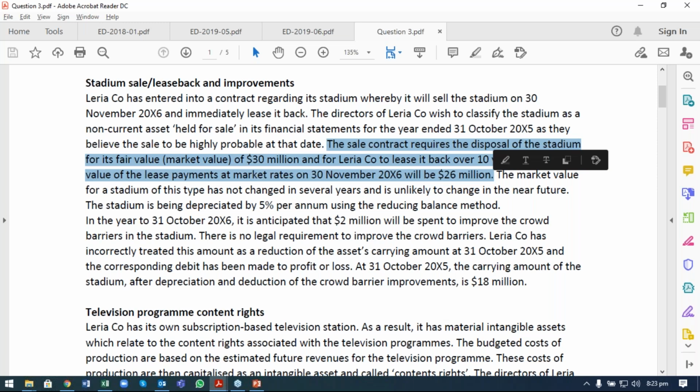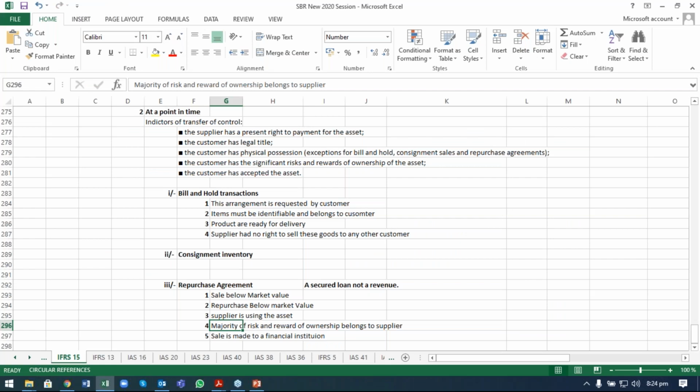If the market value of the stadium drops, then Laria doesn't have any loss in it because Laria has to pay this lease amount for the next 10 years and use the asset irrespective of the value of that stadium. If the value of the stadium increases, then the benefit goes to the customer that purchased the stadium and then lent it out under the lease contract to Laria company.